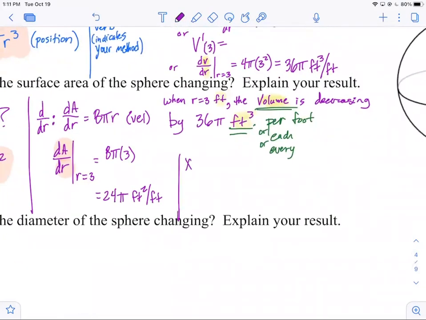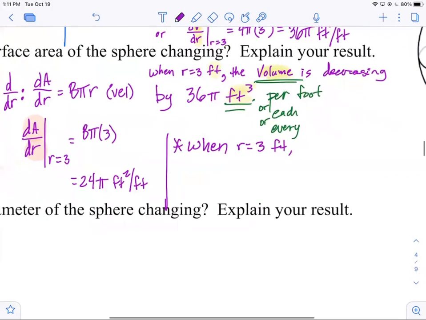So here's the sentence, right? Same thing. When r equals 3 feet, comma. You could even say when d, the diameter, equals 6 if you want, if you've called it d, which we have. When r equals 3 feet, comma, the surface area, and again, these are scalar quantities, is decreasing.